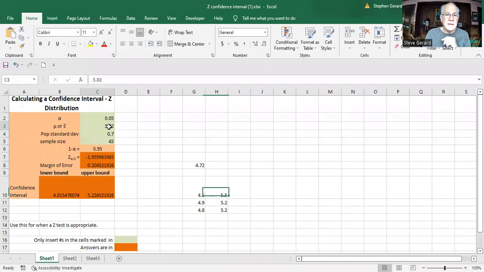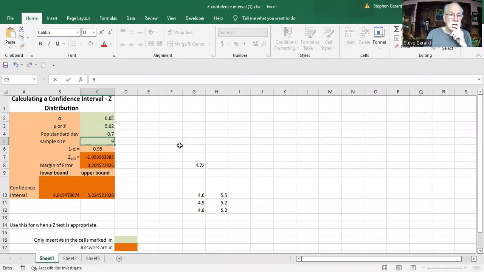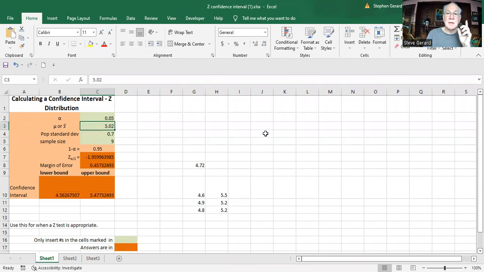I guess the point I'm going to make here is I made a decision here to put in the population standard deviation. I could have put in the sample standard deviation, 4.72.